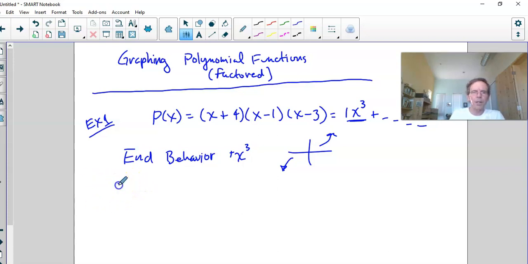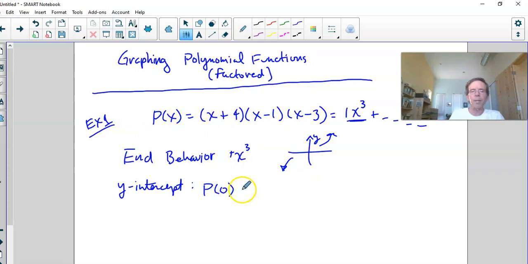Okay, next, let's get the y-intercept. Where does the graph cross the y-axis? Well, it's easy to find. That's when x is 0, right? And when x is 0, the function value will tell you what the y-intercept is.